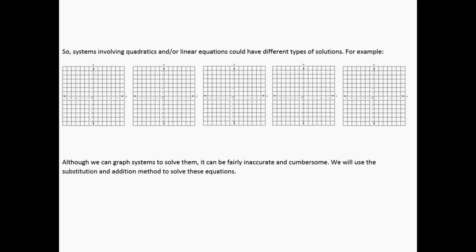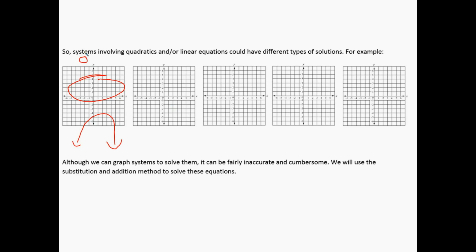So when we solve a system of equations, we can have different types of solutions, and obviously we have the inconsistent where they don't intersect, an ellipse and a parabola. Well, this ellipse and parabola don't intersect at all, so this would be no solutions. So I'll put the number of solutions up here.